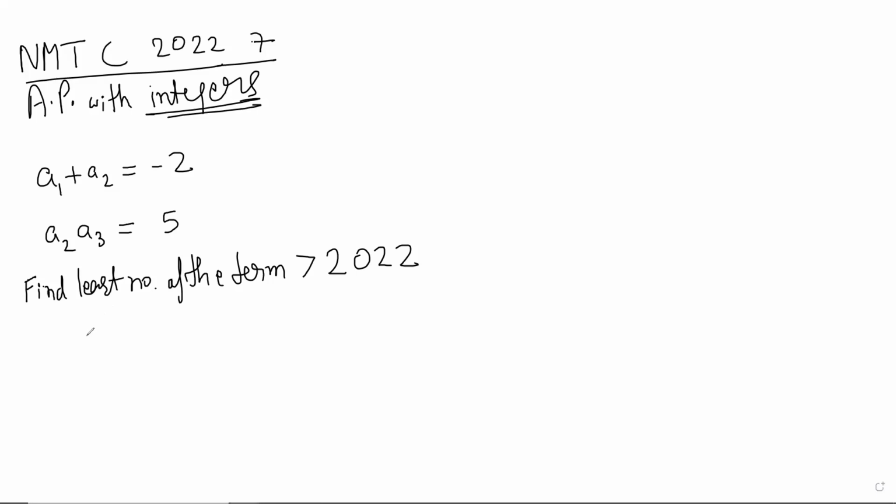See, this is an arithmetic progression. We know the definition, right? It would be like A1 and then A1 plus a constant. It just increases by a constant D. That's all. There is nothing profound about an arithmetic progression. So try this now. It seems like we won't need much.